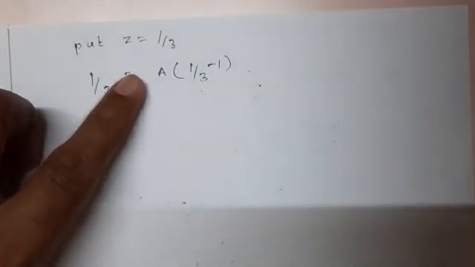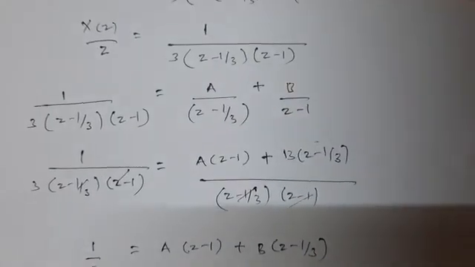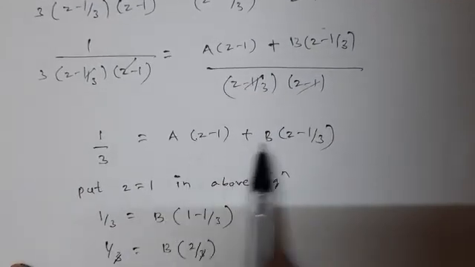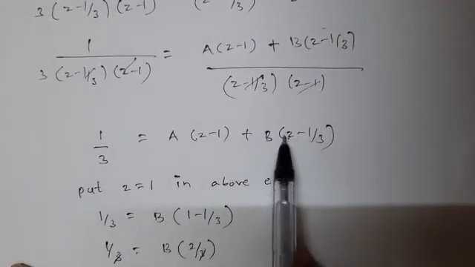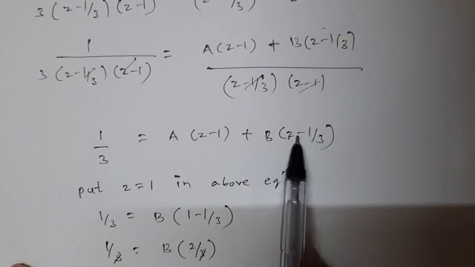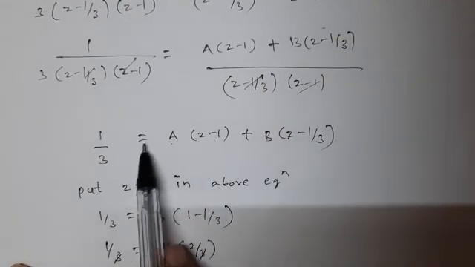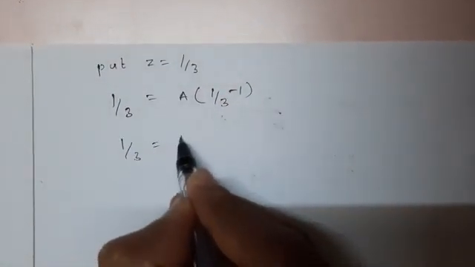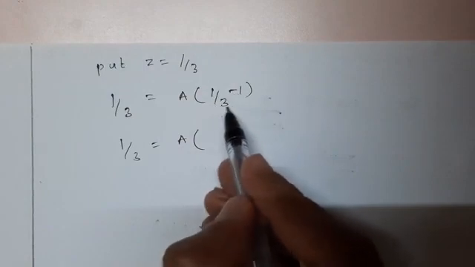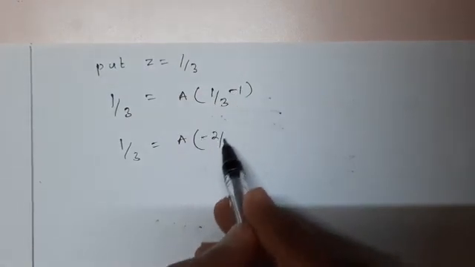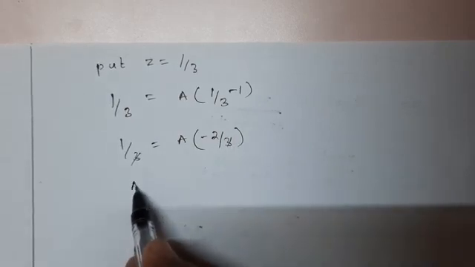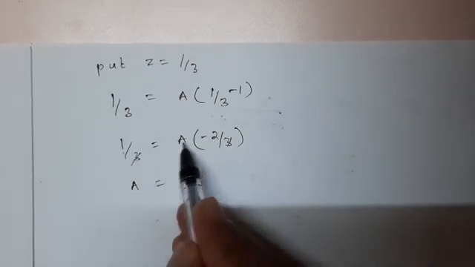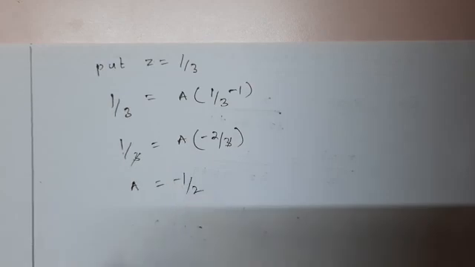Put z = 1/3 in the above equation: 1/3 - 1/3 is 0, 0 into B is 0. This whole term gets 0. A into (1/3 - 1) is equal to 1/3, which I have written. So 1/3 minus 1 is, 3 gets here, -2/3. So 1/3 = -2A/3, A = -1/2, shifting here, minus half.